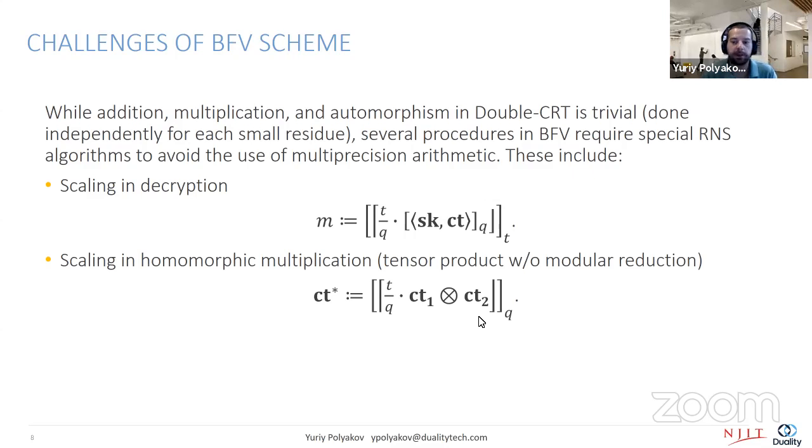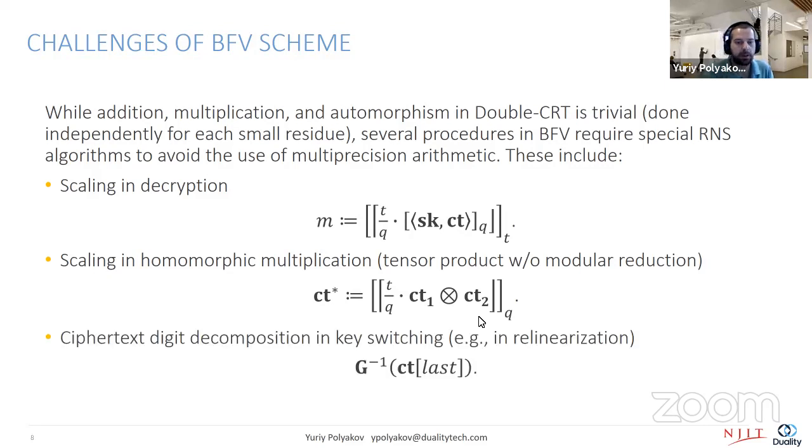The other challenge that we have in the case of BFV is scaling in homomorphic multiplication. There we do a tensor product of two ciphertexts and polynomials without modular reduction, so using effectively double bit width, and then we have to scale this big number by something roughly comparable to Q. And one more operation that actually applies to all three schemes, BGV, BFV, and CKKS, you can think of it as digit decomposition or gadget decomposition.